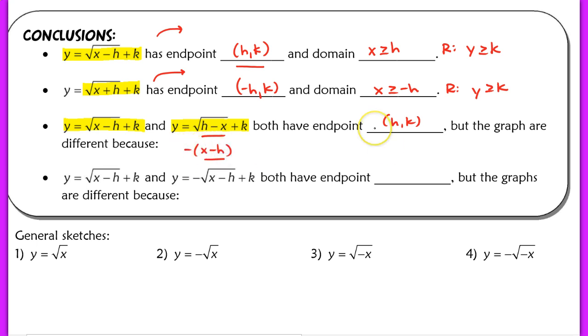Okay, so we take the opposite here, we get (h, k). Now, the graphs are different though, because this graph here will open up and to the right, while this one will also open up, but it's reflected over the y-axis, so it's going to open to the left. So here, if we call that y1 and y2, they have the same exact endpoint, but y2 is reflected over the y-axis. Okay.